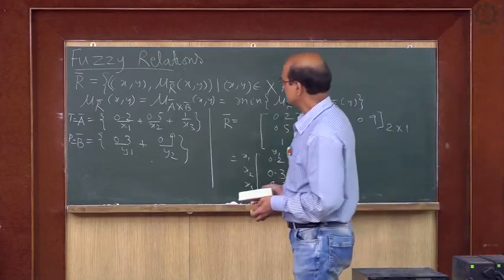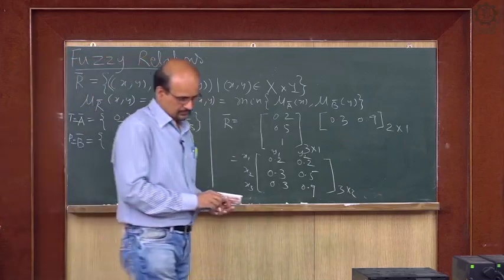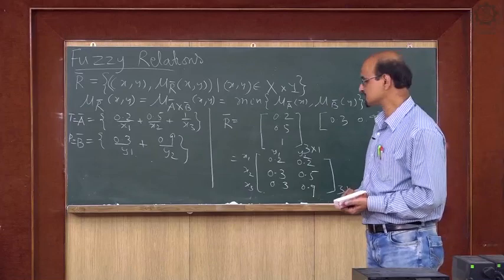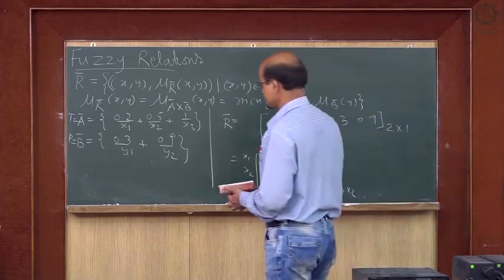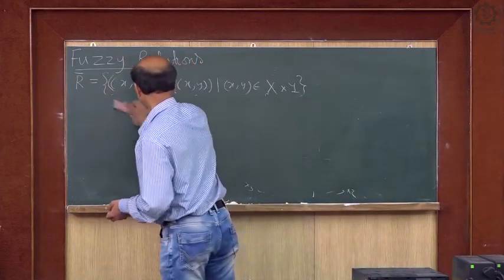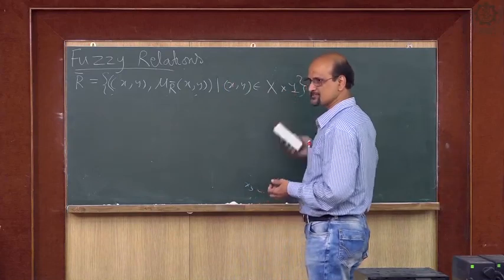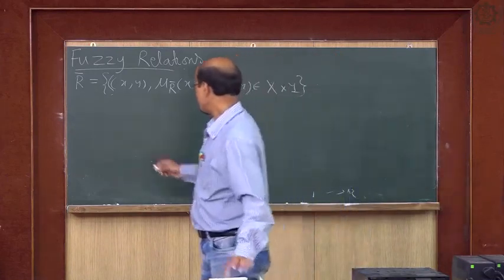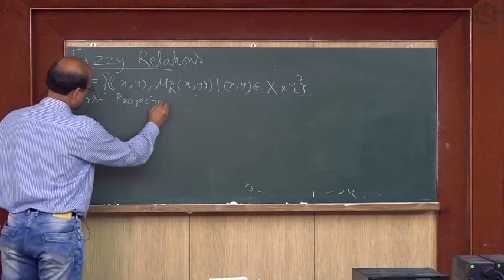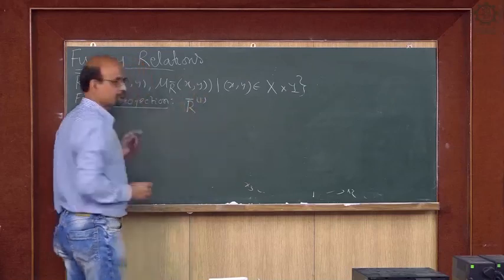Now, with this, I will define three definitions: first projection, second projection and total projection. Remember, we had defined a relation from product space X to product space Y. Now we define the first projection, and we denote this by R bar 1.